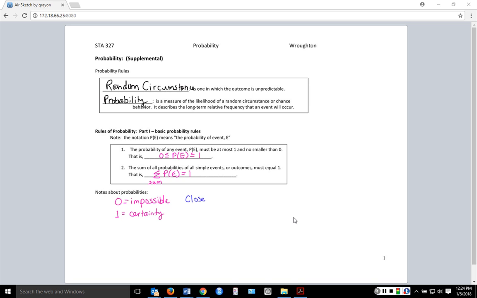If I get something close to 0, it's very unlikely to happen. Whereas if I get something close to 1, it's going to be very likely to happen. So first is understanding those extremes.